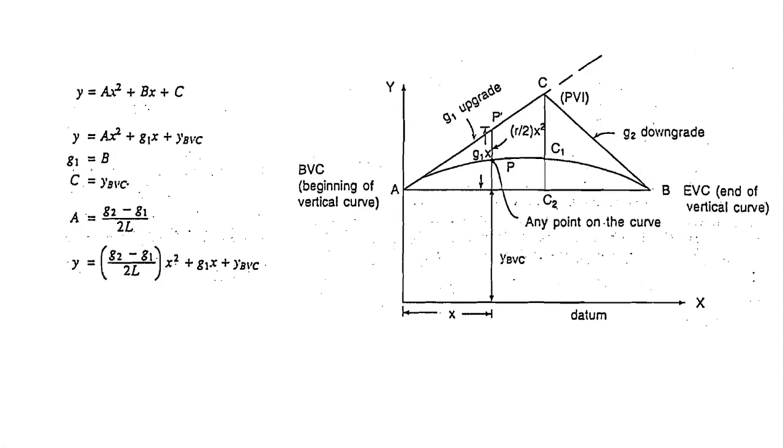Let's talk about the very same equation once again: y equals ax square plus bx plus c. Now let's connect the diagram, the plot, with the basic equation of this curve. The b part is g1, so bx is g1x.